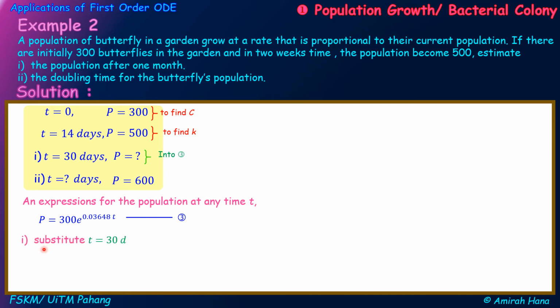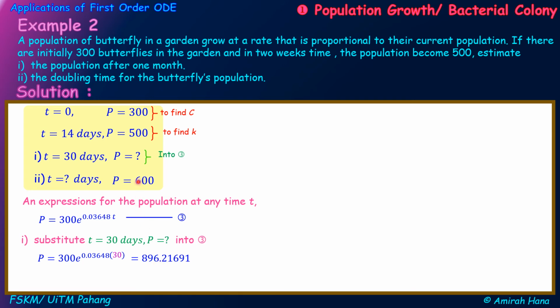So substitute T equals 30 days into equation 3. From equation 3 here, we replace T equals 30. And then, using a calculator, we get P equals 896.21691. This is an estimated value.